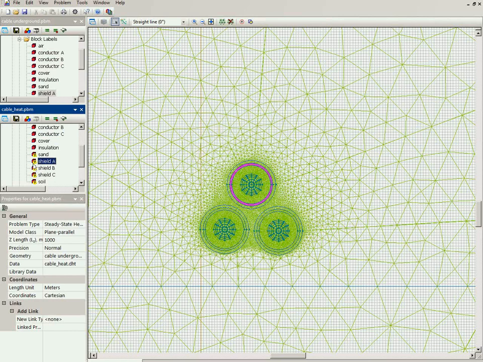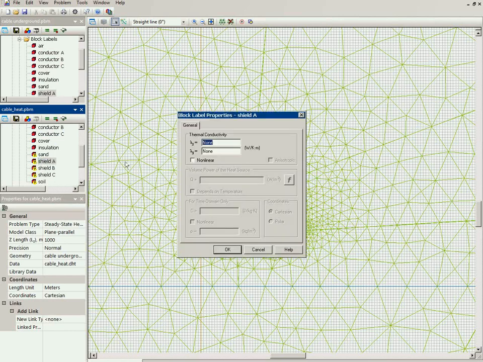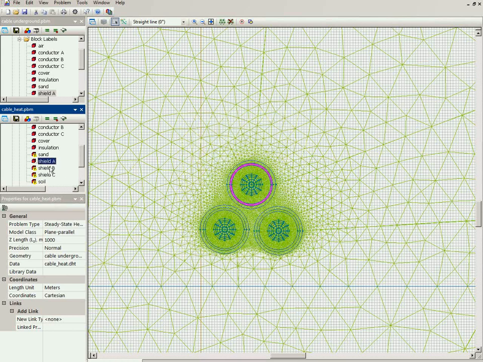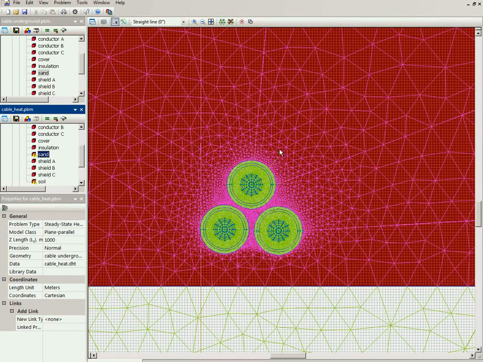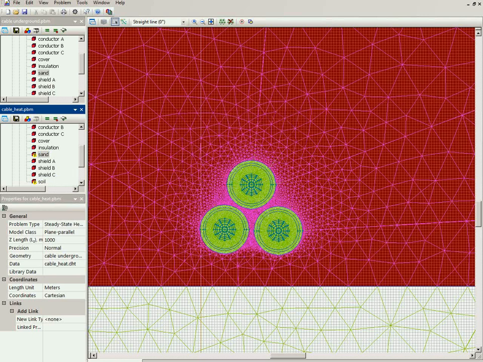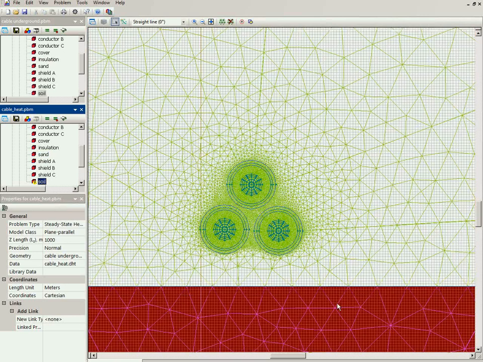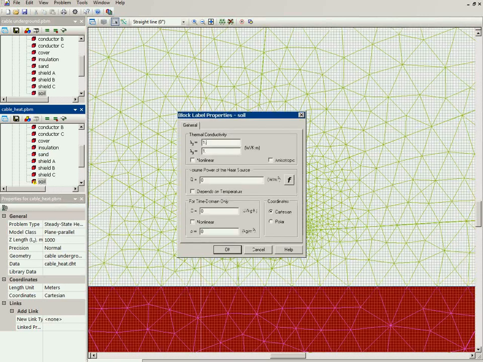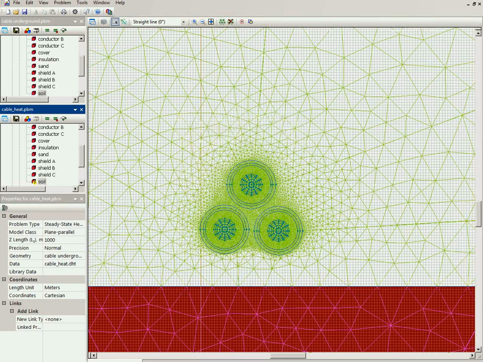Shields are made of aluminum, so the conductivity of aluminum is 270. The sand has conductivity 0.8, and the soil outside has the conductivity of 1.2.